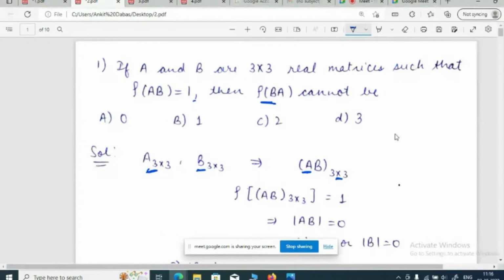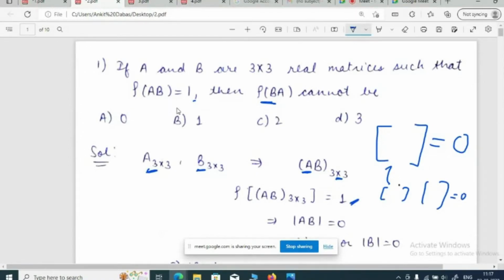If the rank of a 3 cross 3 matrix is equal to 1, it means that its determinant is equal to 0. Because only in that case can the rank be equal to 1, that is, all the higher minors, like all 2 cross 2 minors of the 3 cross 3, are equal to 0. Hence the determinant of the matrix AB is equal to 0.